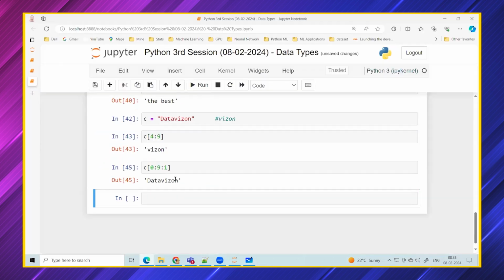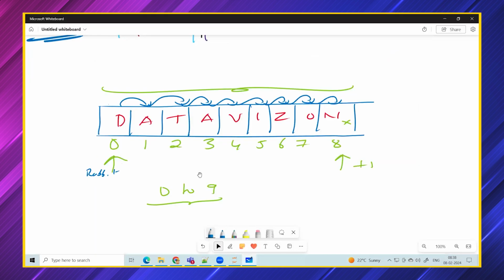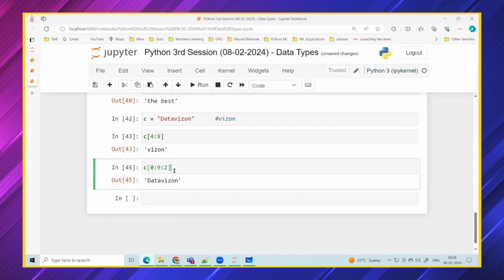Now, if I give 2, it will jump by 2 elements. If I run it, I will get DVZN.